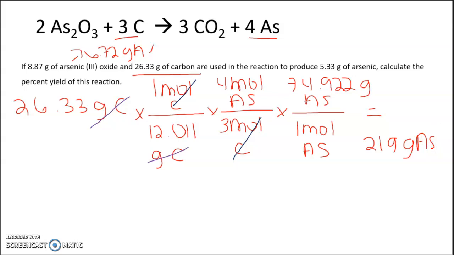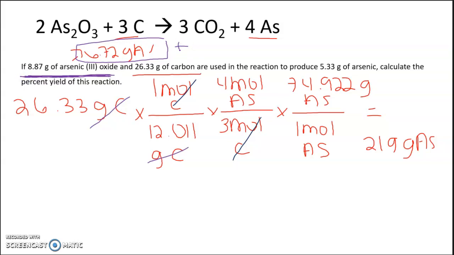So I've got 2 grams of arsenic, one that was 6.72 and one that was 219 grams. So my theoretical yield is 6.72 grams of arsenic. Because this problem tells me that 8.87 grams of arsenic(III) oxide will make that much product.